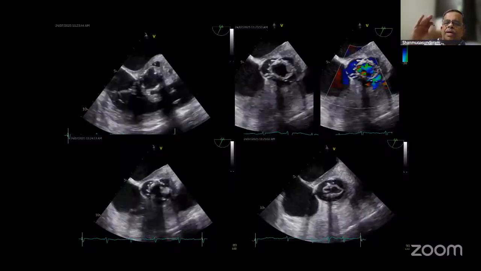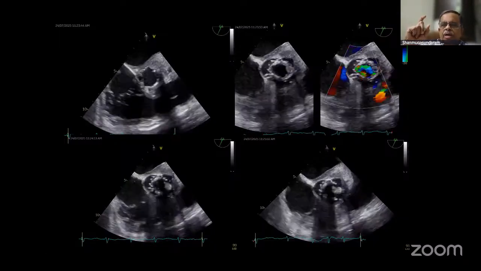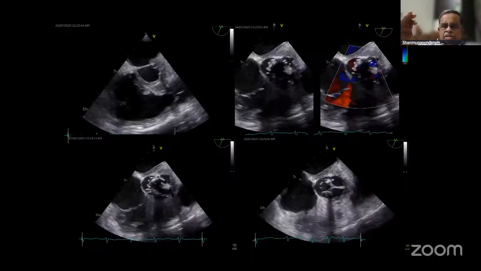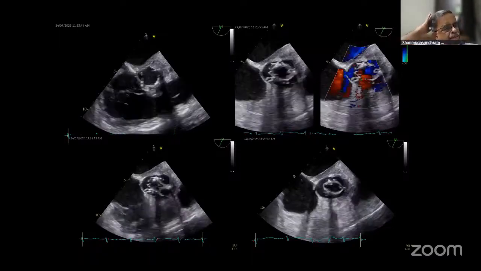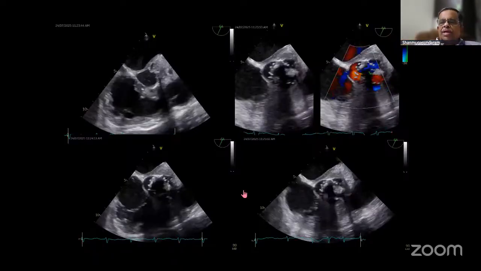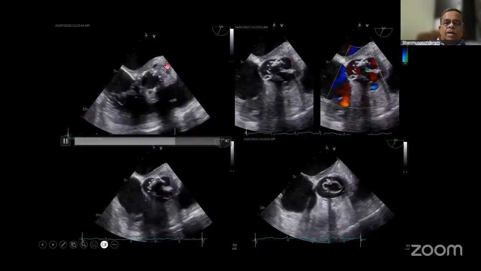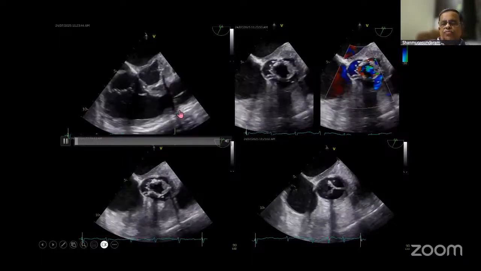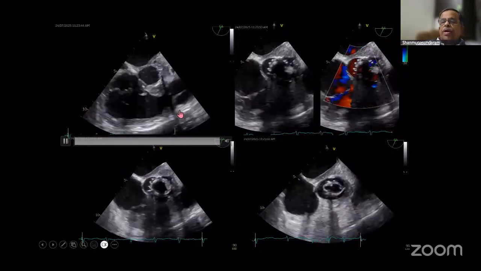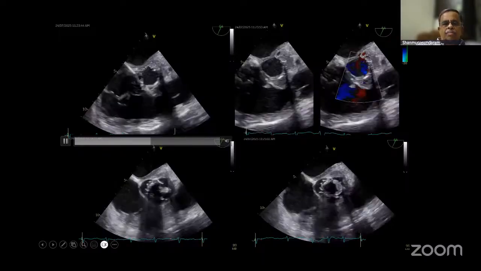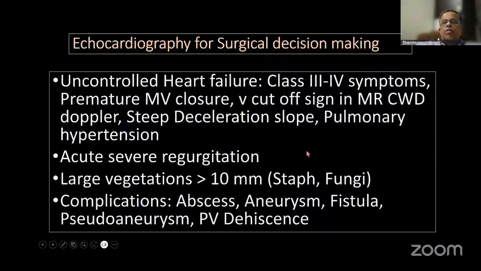Even if you make a diagnosis of vegetation in prosthetic valve, you should consider transesophageal echo as quickly as possible, because it tells you about the other associated problems like abscess formation, etc., which may be indications for early surgical intervention. When would you consider surgical intervention in a patient with infective endocarditis?